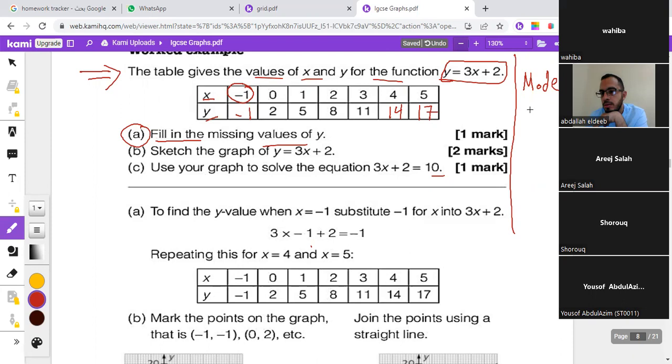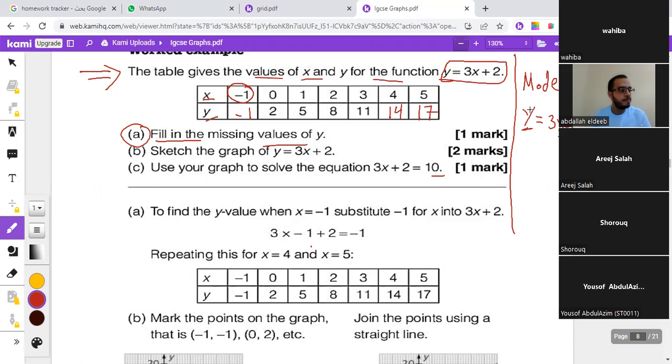No, before you write the equation to find the table, you do what? Mode 7, and then you write the fx equation, y equals 3x plus 2. To write x and y use the alpha button.